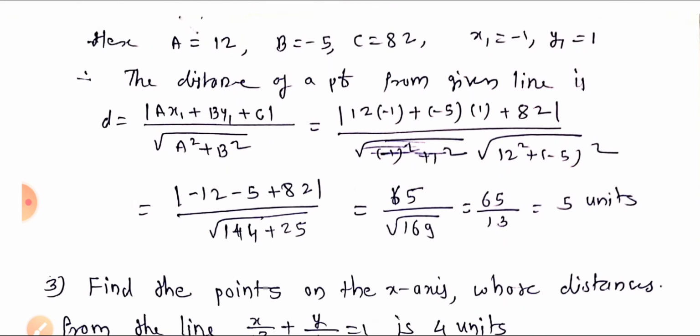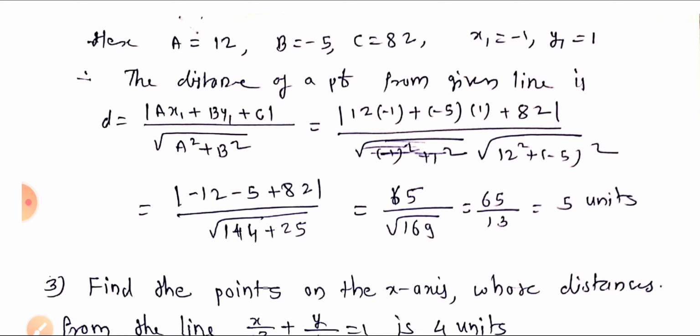So therefore the denominator is root of 12 square plus minus 5 square. So this is equal to modulus of minus 12 minus 5 plus 82 by root of 144 plus 25, because 12 square is 144 and minus 5 square is 25.